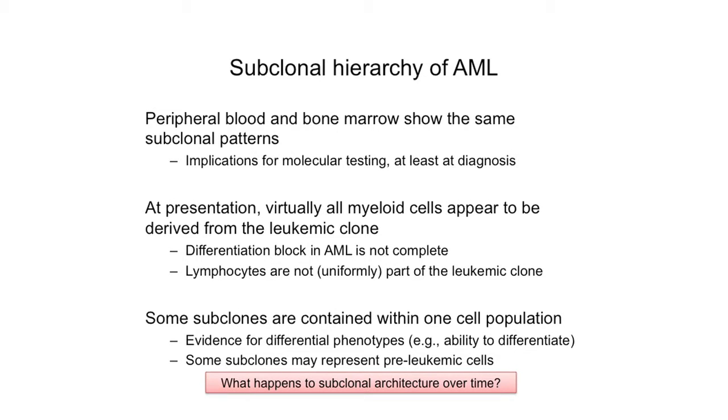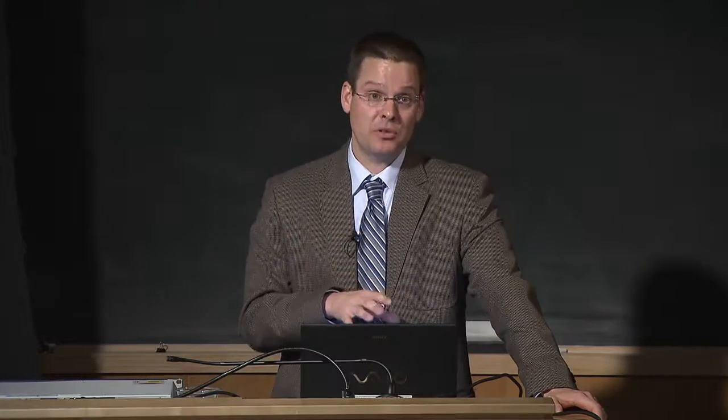It also means that AML, although defined essentially as a differentiation block and accumulation of immature cells, this differentiation block is not complete. Based on our study, the lymphocytes are not part of the leukemic clone, at least uniformly, or the cells that have the leukemia-associated variants are in progenitors that generally do not give rise to lymphocytes or are skewed towards the myeloid lineage.